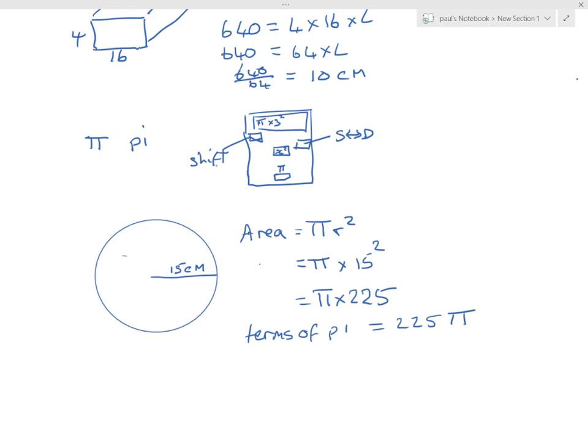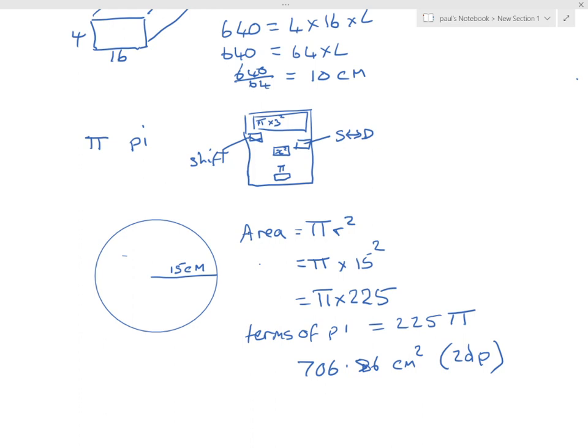So press that button there, and we've got 706.686. And what's that? Centimeters squared. I've done that to 2 decimal places. Often asked for. So that's how to find the area of the end.